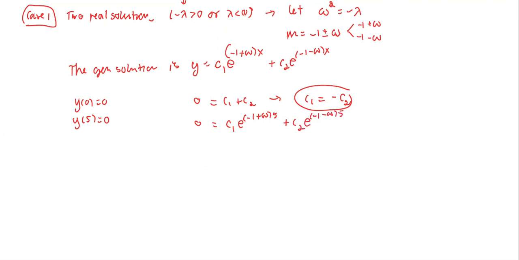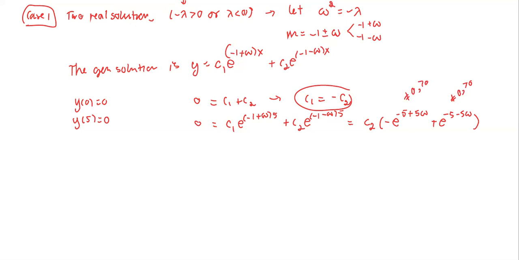From c1 equals negative c2, factor c2 out, and if you multiply the 5 back in, you get negative e to the negative 5 plus 5 omega plus e to the negative 5 minus 5 omega. Same analysis as the previous example. The exponential will not be 0, always greater than 0.